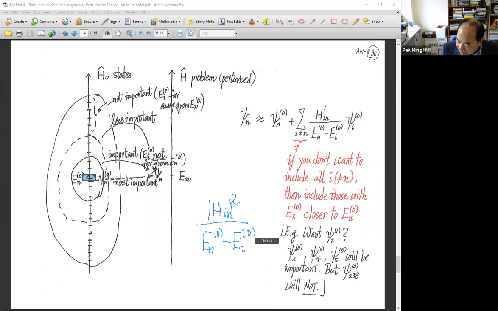And then you sum over all i not equal to n. That is the second order correction in energy. So basically the criteria holds. We will see how this comes out. Not difficult at all. Three more lines of mathematics. All right.